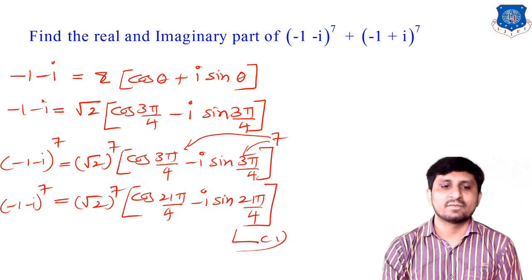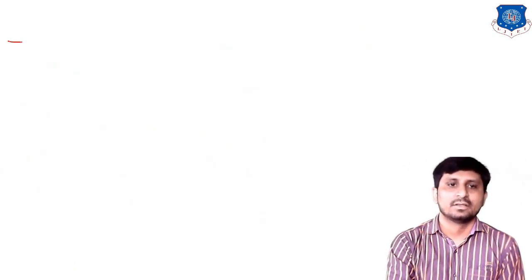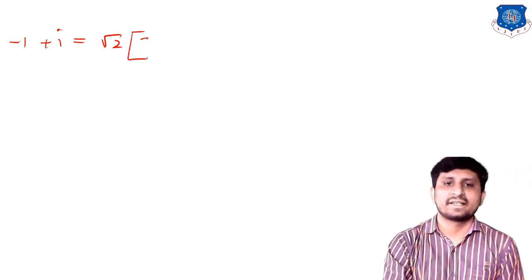Now I want to write minus 1 plus i raised to 7, okay. First of all, just write minus 1 plus i. You can easily understand minus 1 plus i is equal to root 2 cos 3 pi by 4 plus i sin 3 pi by 4.